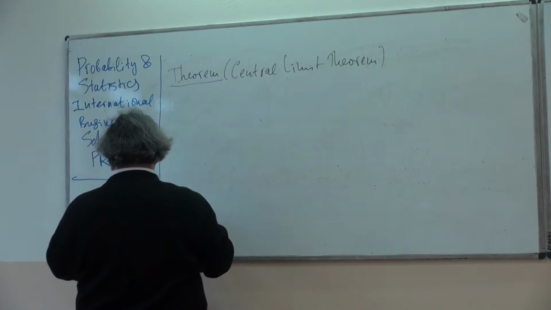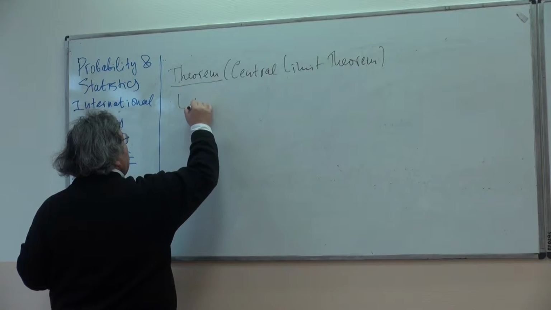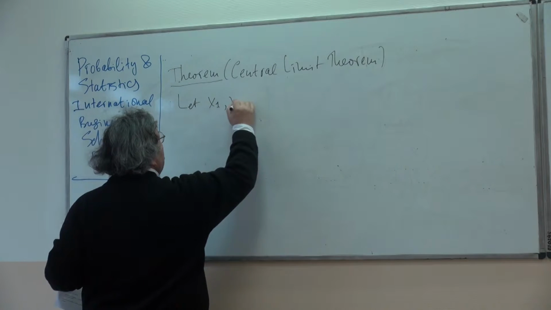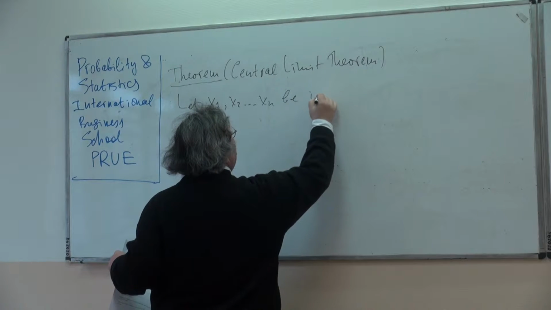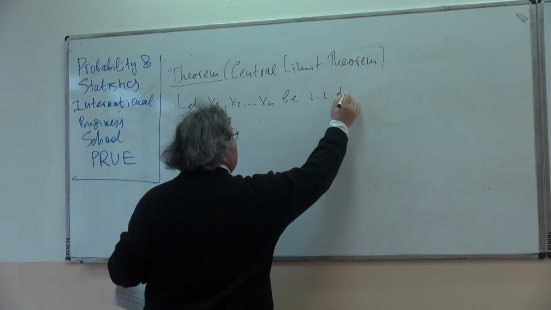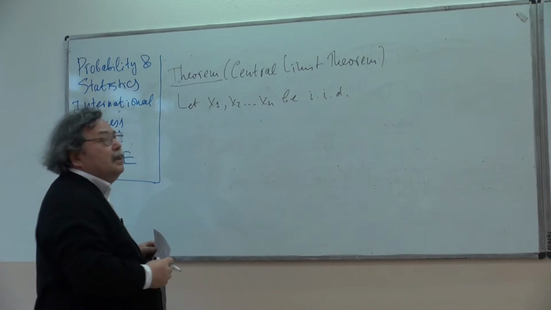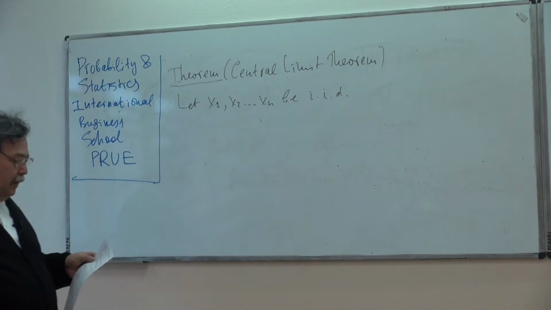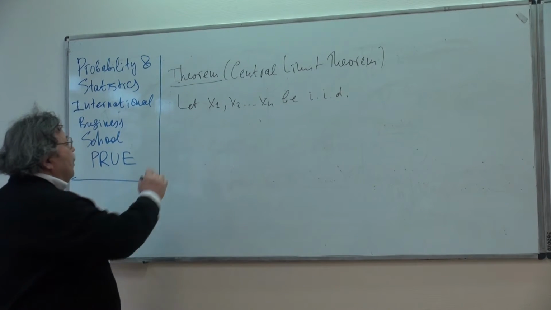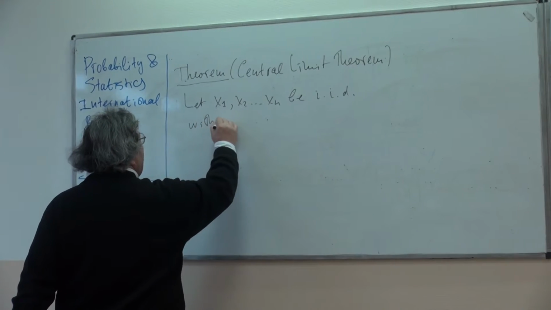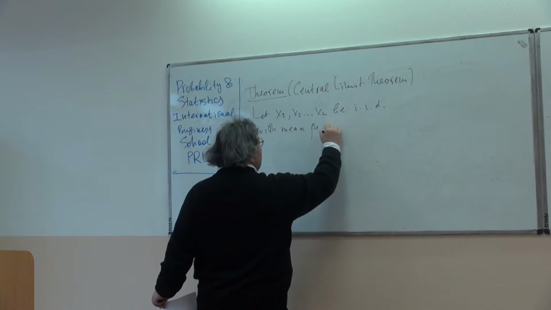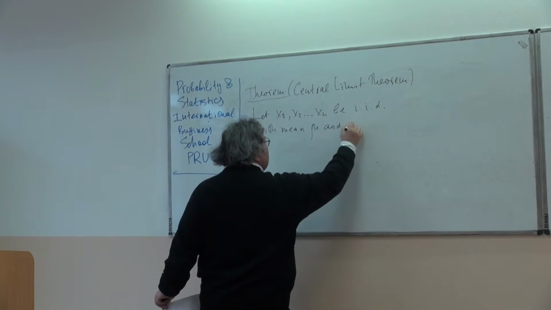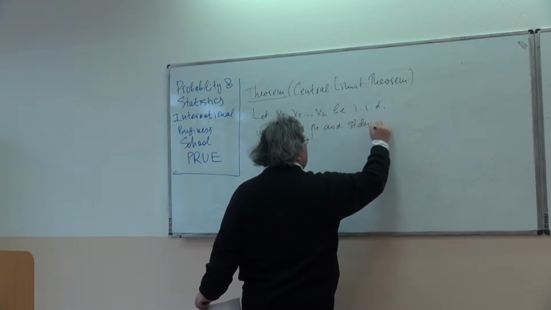Let x1, x2, ..., xn be IID, and you remember that it stands for independent and identically distributed, with mean mu and standard deviation sigma.